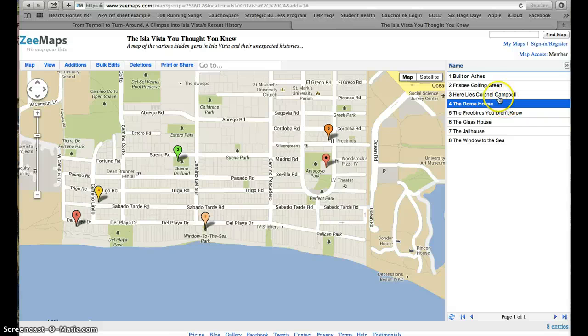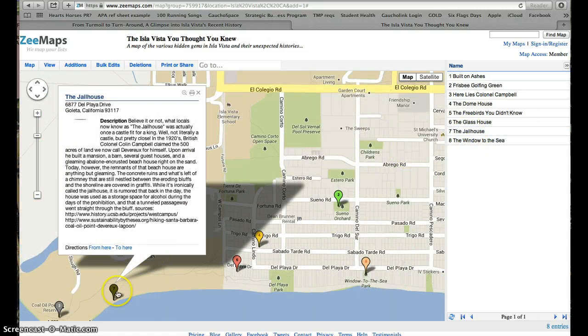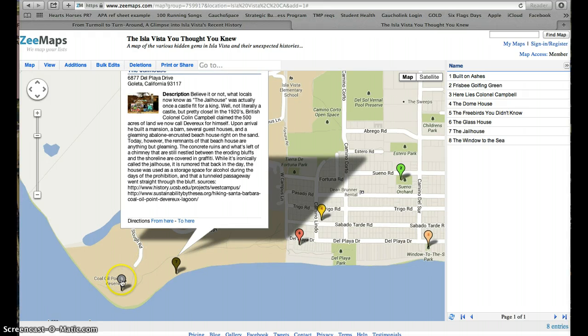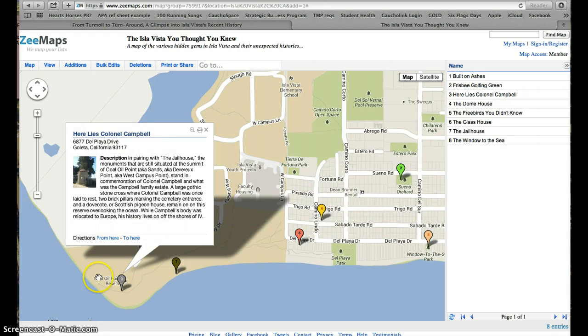I think there's only one area where I want it to go in order because I talk about the jailhouse that's on the beach by Sands, and then I go on to talk about the monuments that are on Coal Oil Point Reserve, and they kind of go hand in hand. So that one I would want to reorder.